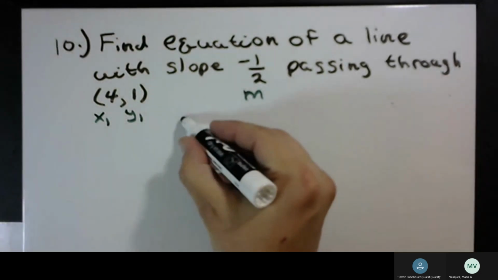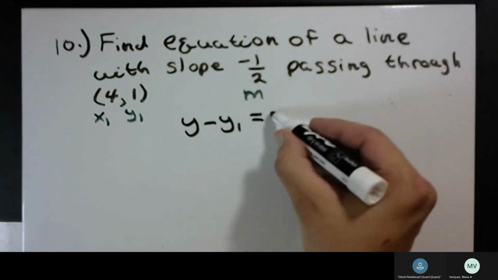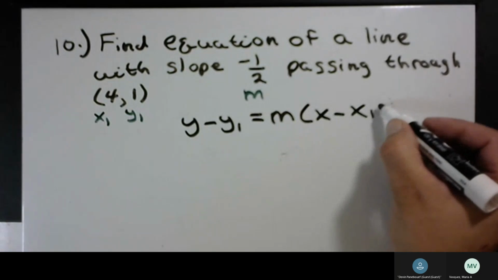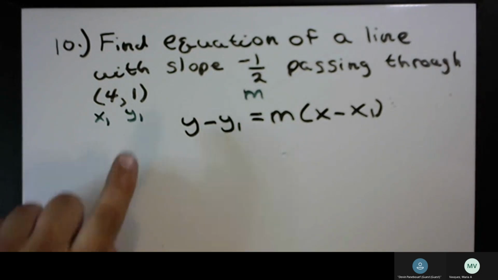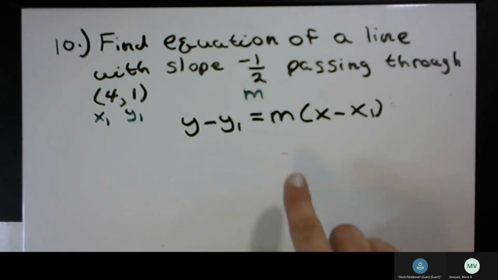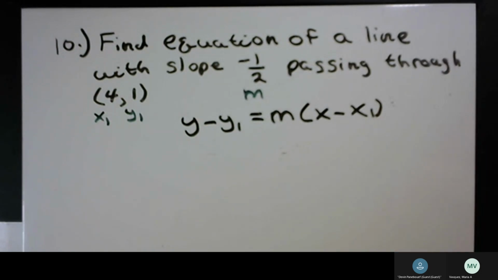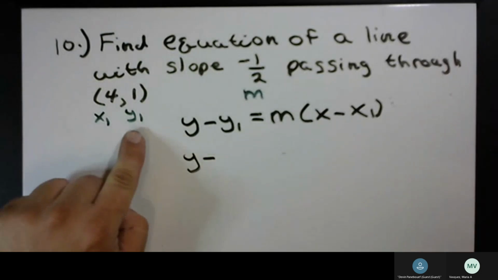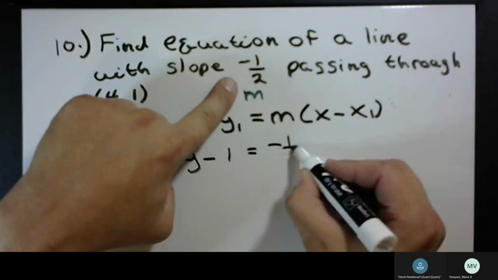So we're going to use this particular formula, and this is just one of those formulas you kind of keep under your hat. The slope is going to be m, and the point is going to be x1 and y1. So what we're going to do, we're going to replace m, x1 and y1 with all the appropriate numbers. In this case, y1 will be 1. M is going to be the -1/2.